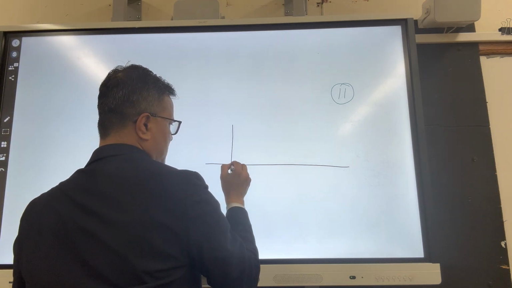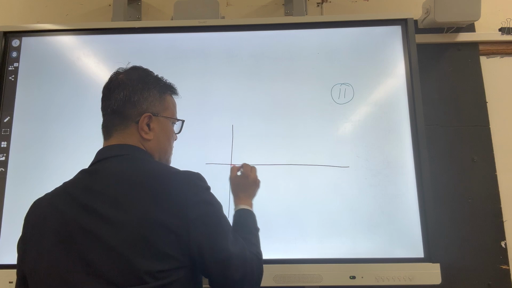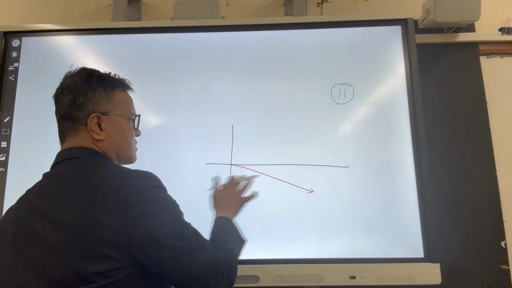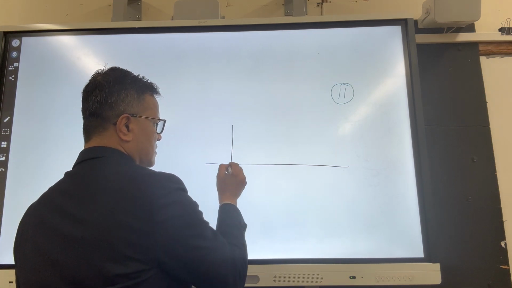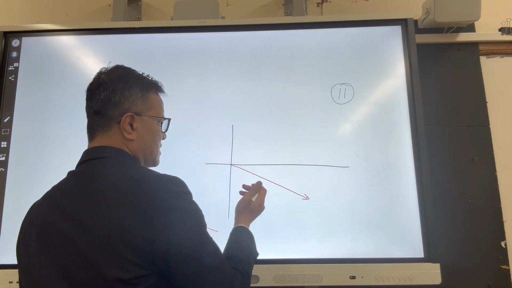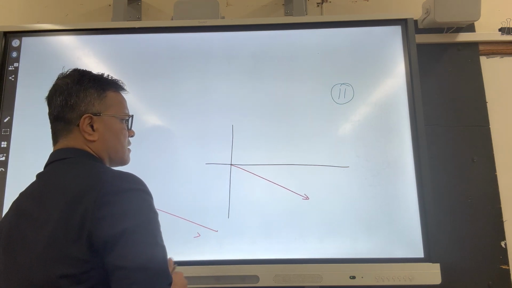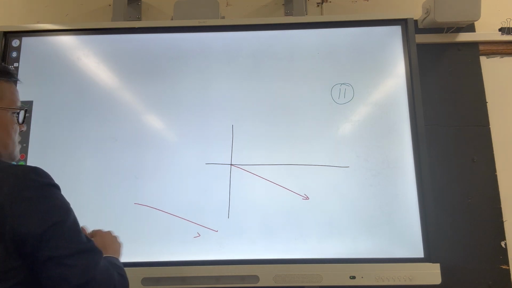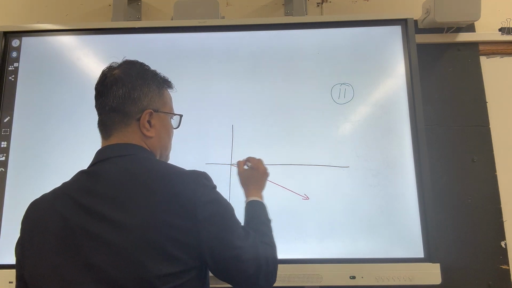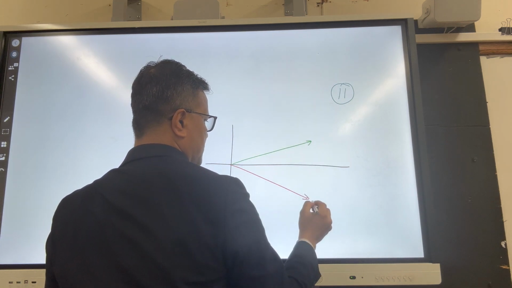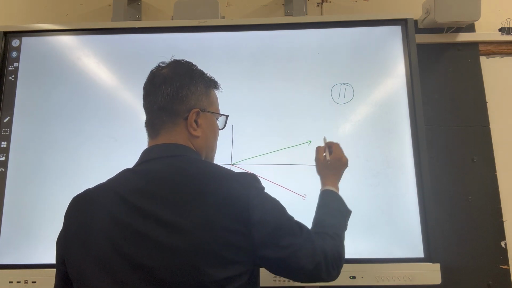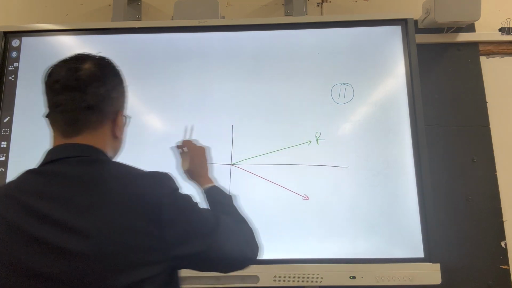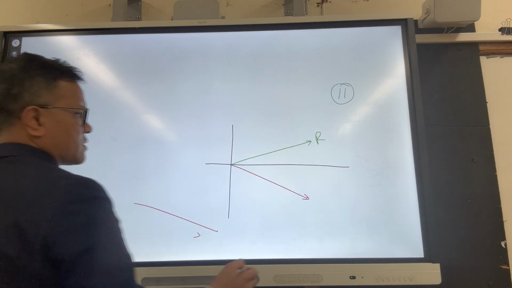I'm not going to measure, but if you take a protractor, you will see that this one is negative 30 degrees. The resultant is 20 degrees. This is vector A, this is the resultant, and this is vector A.